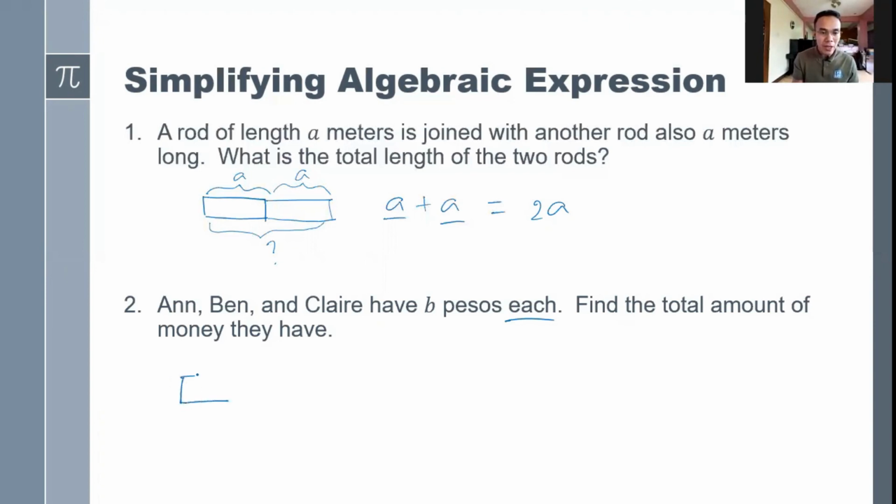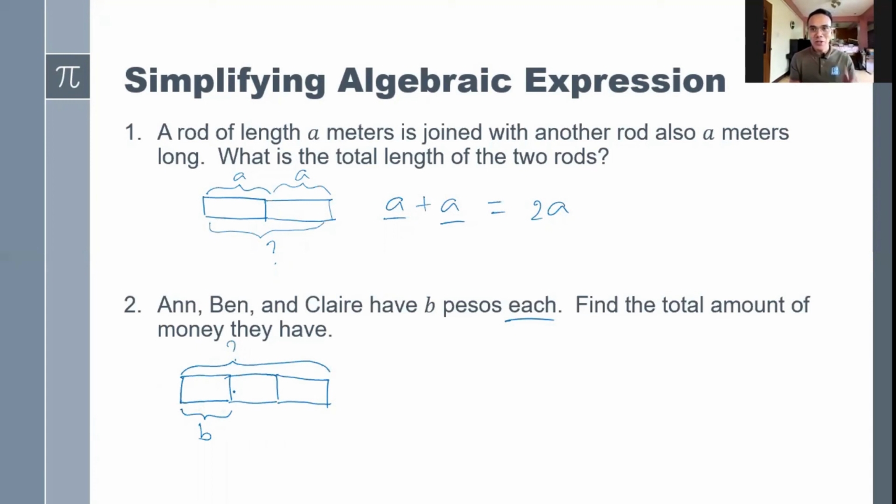So there should be 3 boxes here, boxes of equal size. Why? Because they have the same amount of money. So one box is B. Anne has B pesos. Ben has also B. Claire has also B. So we're looking for the total here.